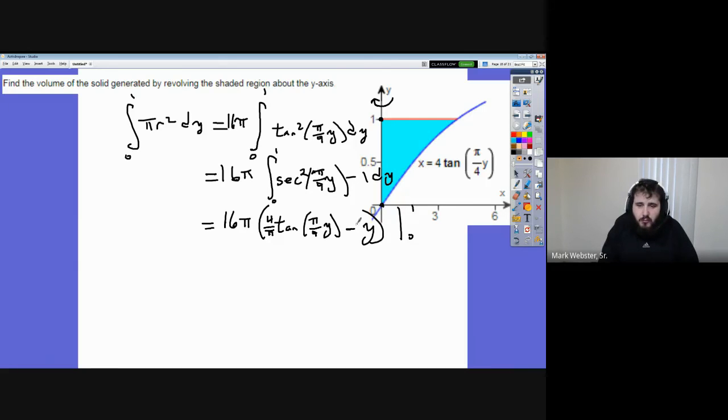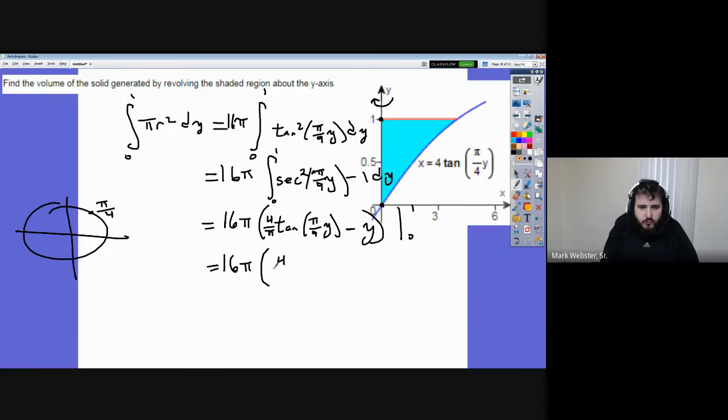So now we're going to go from 0 to 1. We've got 16 pi times this whole thing. Well, what's tangent when y equals 1? When y equals 1, the angle is pi over 4, and the tangent of pi over 4 is 1.